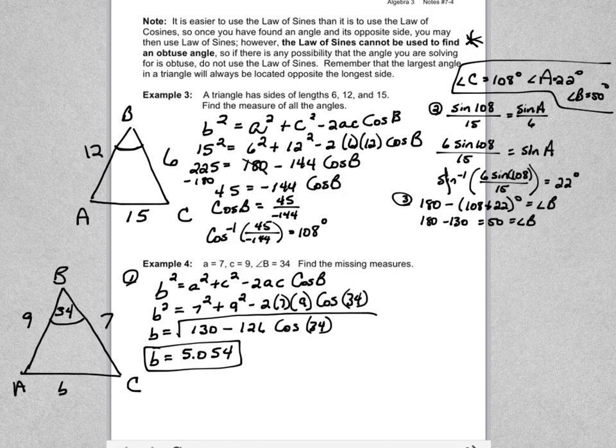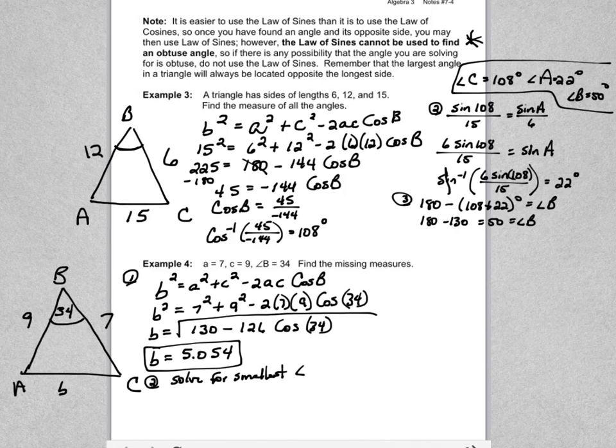Now, here's the thing. We have two sides left. One is a side length of 9, and one is a side length of 7. When you're solving for angles, you're not sure whether one of them might be obtuse or not. For the second step, solve for the smallest angle, which will be from the smallest side. So my advice here is solve for the smallest angle.